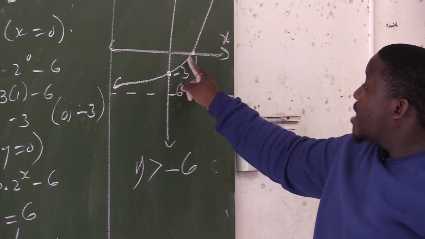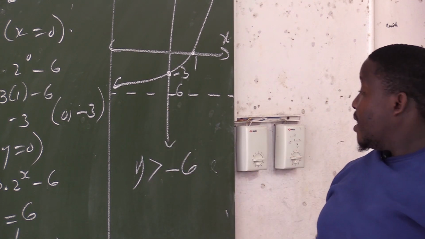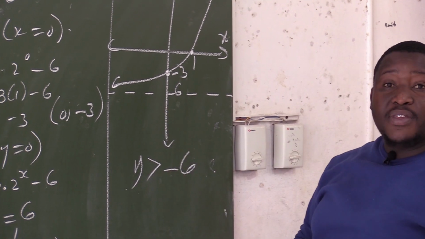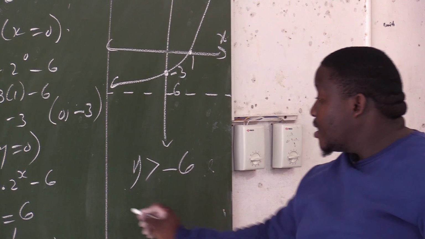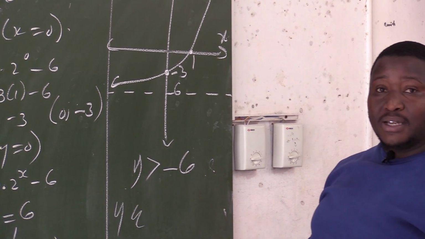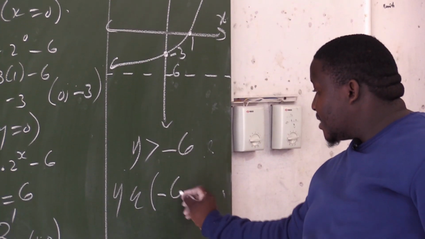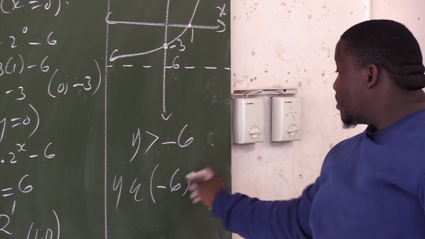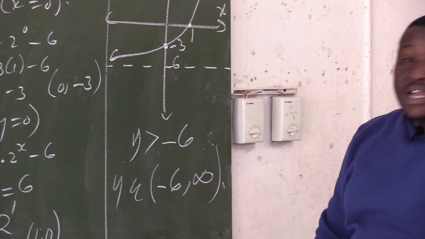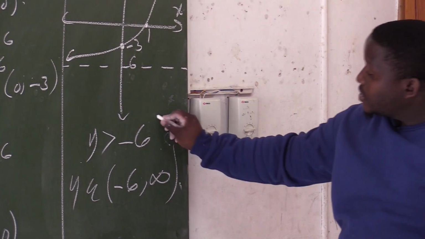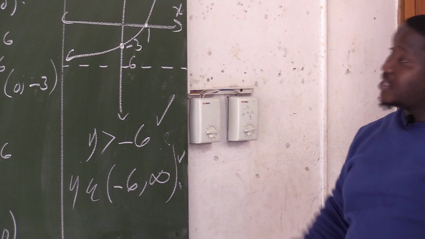Because this graph will never touch the asymptote. Another way of writing this range will be to say y is an element of, then what can you say here? You can say curved bracket minus 6, up to infinity, curved bracket. So this is the range.